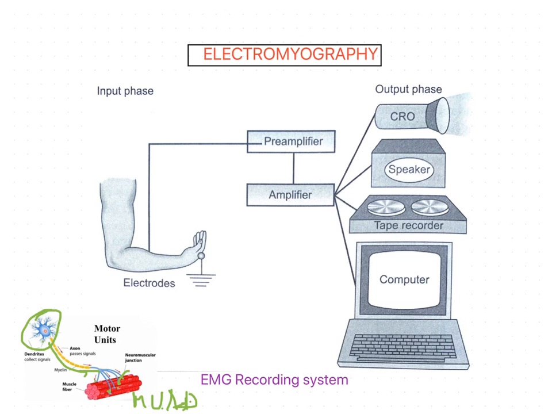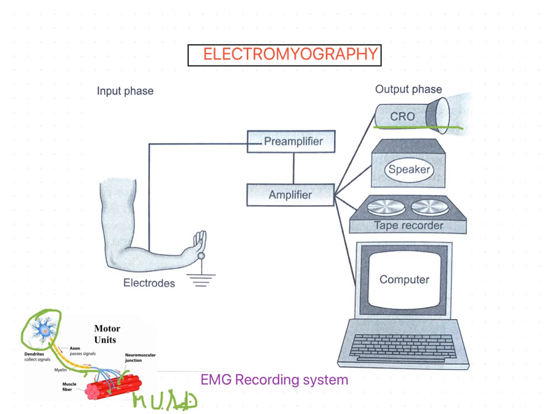This is recorded graphically as EMG, the electromyograph. The signals are very tiny, a few microvolts, and they are amplified 1,000 times so that they can be displayed on an oscilloscope.